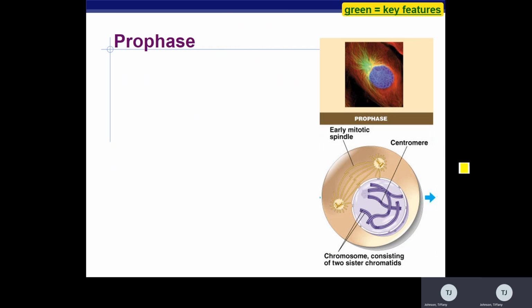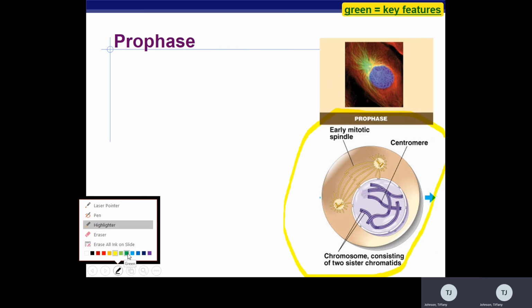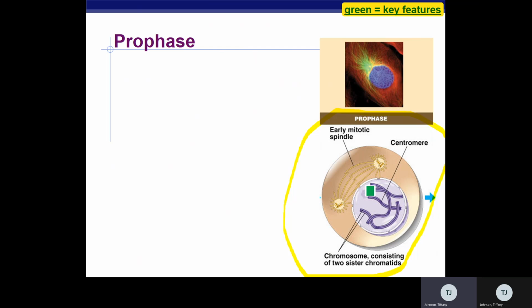Okay, so first things first. I want you to draw the cell in prophase. I want you to draw the cell in prophase. And I want you to label it. Some things I need for you to notice. First of all, I want you to make sure that your nuclear membrane is broken up.